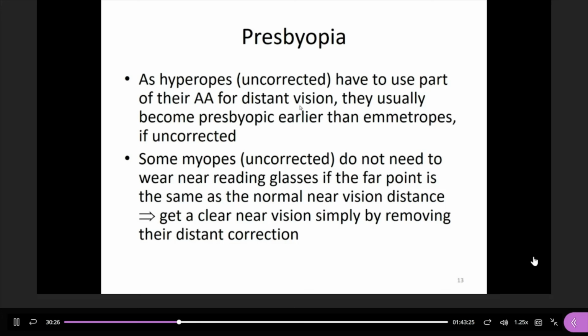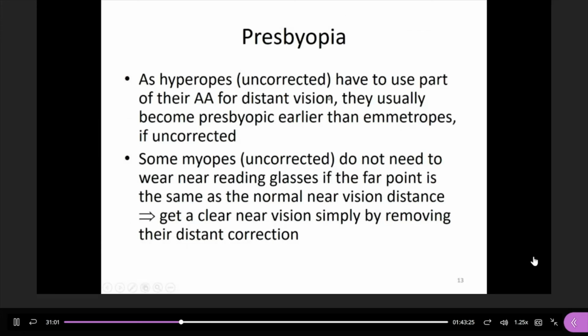Say, for example, a young child who may have 2 diopters of hyperopia. They will probably see a blurred image at distance, because the total dioptric power is not sufficient to bring the distant objects onto the retina. Because of the hyperopia, the image will form behind the retina.